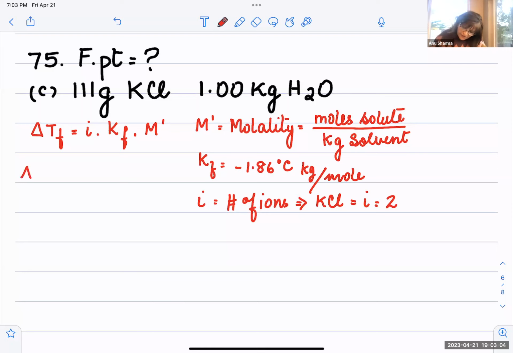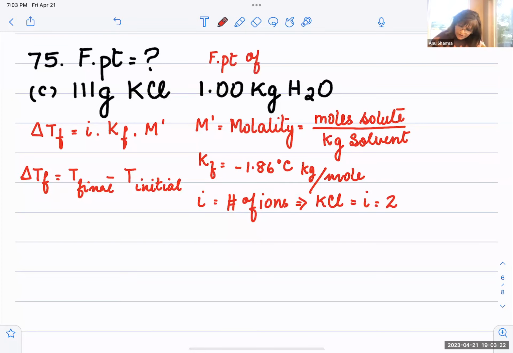Now, delta T_F is the change in temperature. This relates to the final temperature minus the initial temperature. Normally we are dealing with water, so the freezing point of water is known already. It is the value of T initial, the initial temperature, and that is equal to 0 degrees Celsius.